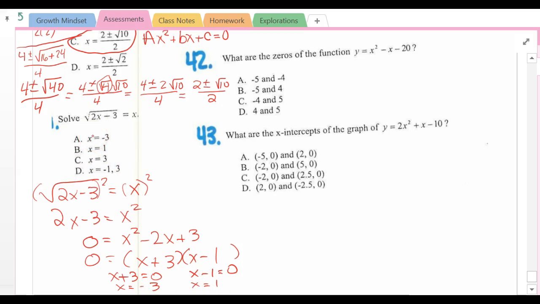So now I have to go back and check my answers, because maybe one of these is an extraneous solution. So let's try -3. If I put -3 in here, I get -6 minus 3 is -9. Can I take the square root? I cannot. So -3 is an extraneous solution, and that's not going to work. So x equals 1.